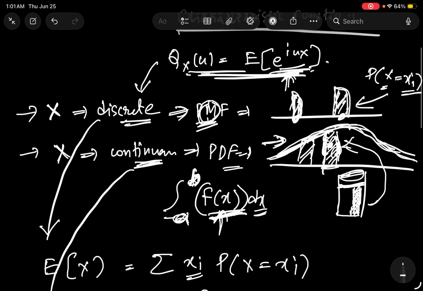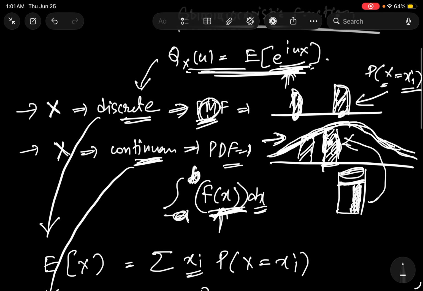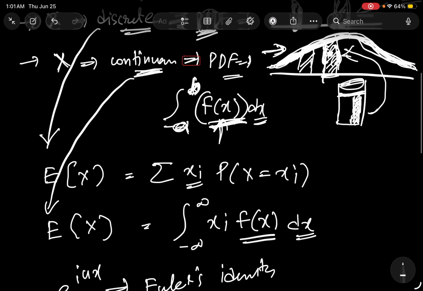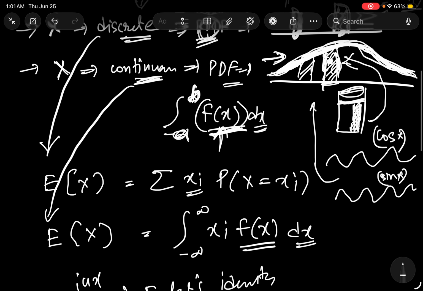Whenever we say we are representing this probability distribution in terms of characteristic function, we mean that we preserve all the characteristics of this continuous random variable and therefore the probability distribution, and create two waves. One will be the cosine wave, the real part, and the other would be the imaginary part, the sine x. These two waves would contain all the information of the probability distribution.